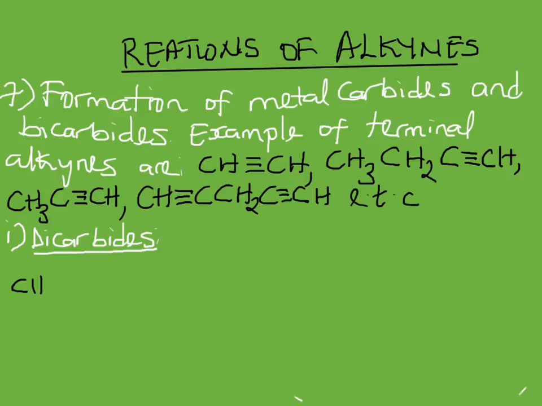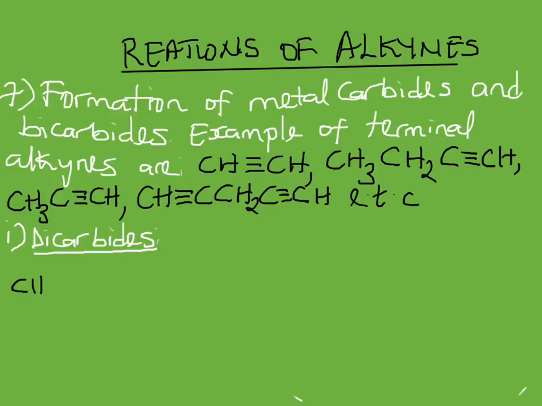And we said that dicarbides are formed when a terminal alkyne is put in a test tube with ammoniacal copper 1 chloride or ammoniacal silver nitrate and heated.